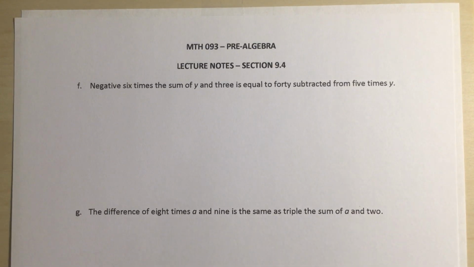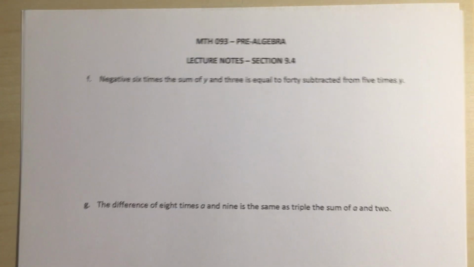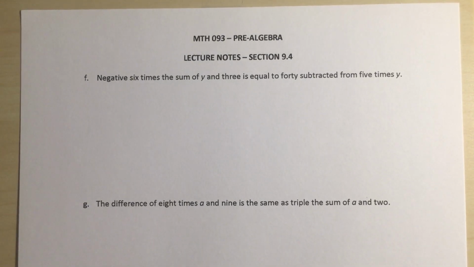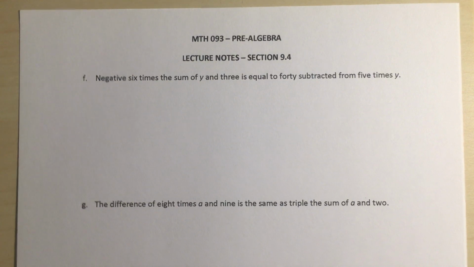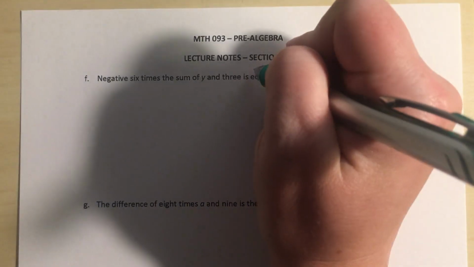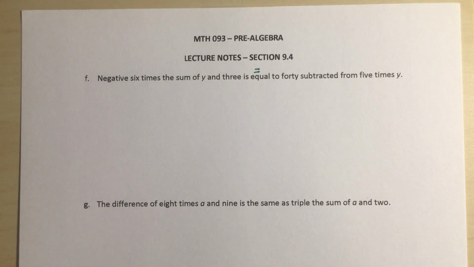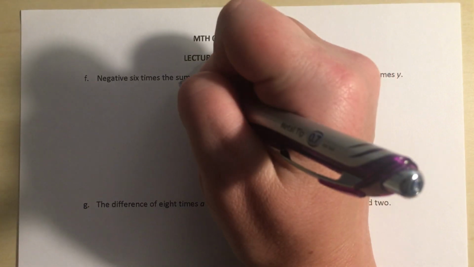Right, 2 more on the next page. -6 times the sum of y and 3 is equal to 40 subtracted from 5 times y. So we definitely see a much more complicated equation here. Notice that we see "the sum of." Sum of is going to indicate parentheses.